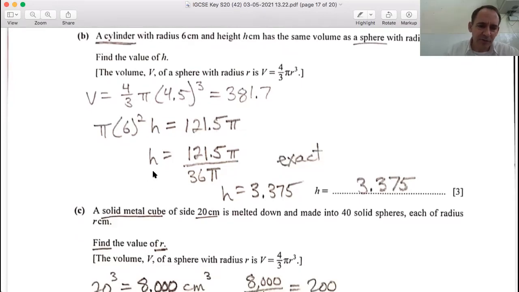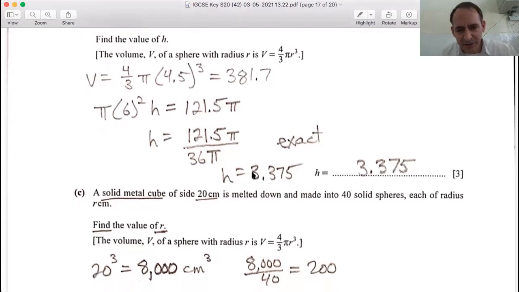And because we're solving for the height, we're going to divide by this pi over here. So instead of converting them into decimals, we can just leave that irrational number as a variable, pi, and it will divide by 36 pi. The pi's cancel, which then gives us 3.375.